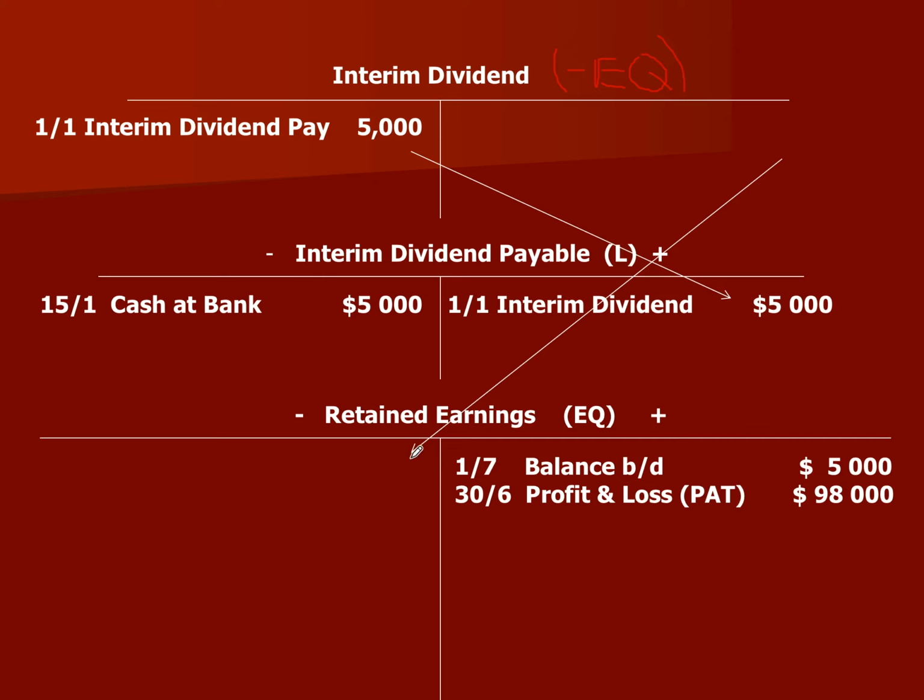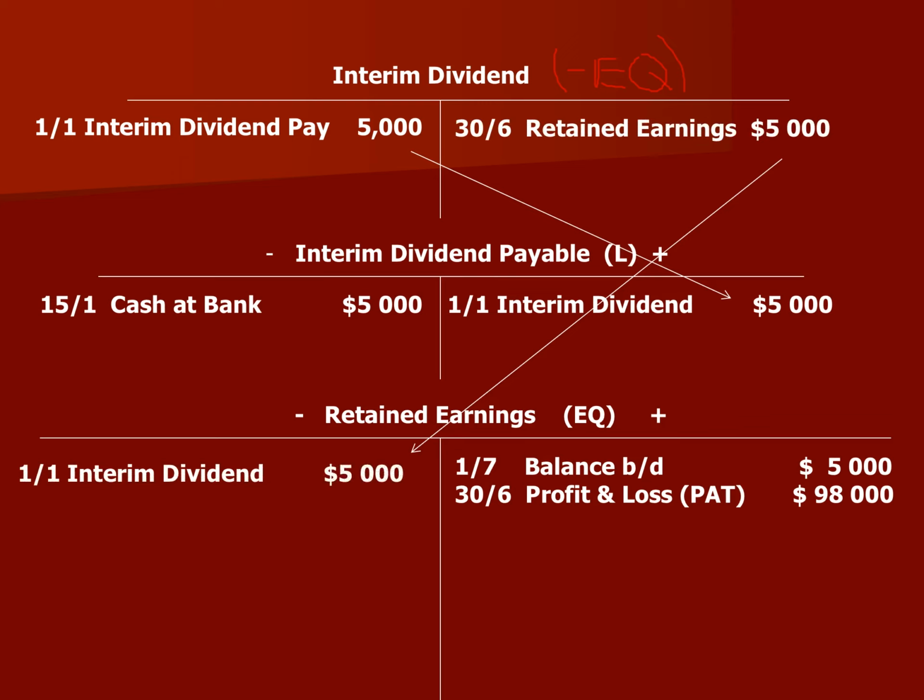And you can see that arrow there showing how that's closed off. So on the 30th of June of that year, the interim dividend is offset against the retained earnings. You can see here that the company had 5,000 sitting in the retained earnings account and used it to pay that interim dividend during that accounting period.